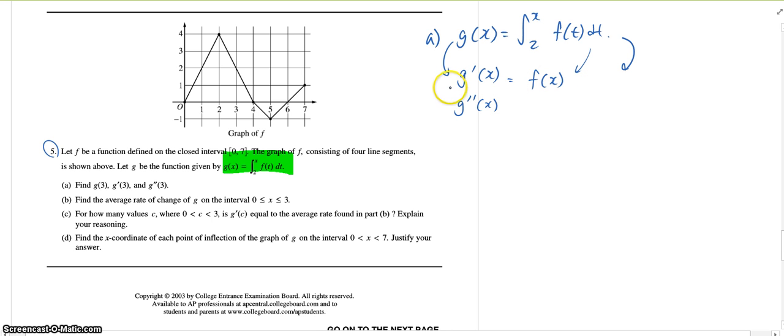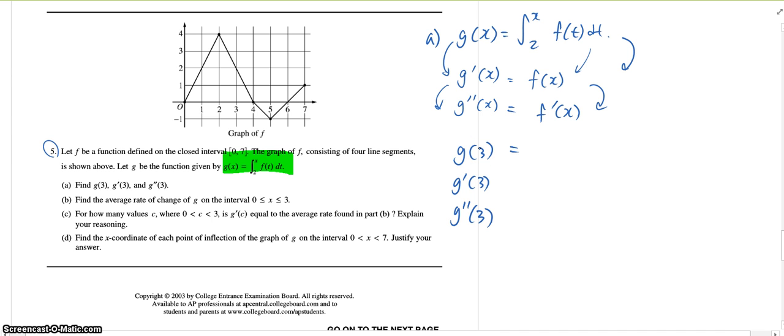And again, from g prime of x to g double prime is the derivative, so it becomes f prime of x. So now we know the definitions of g of x, g prime of x, and g double prime of x.